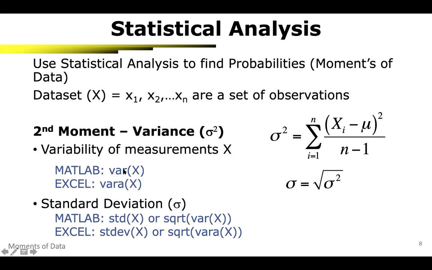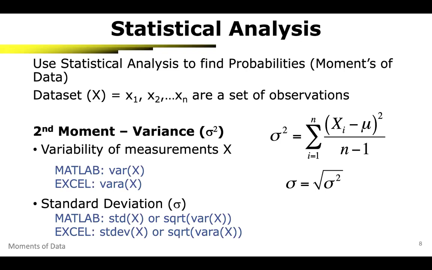You could also calculate variance using engineering tools like MATLAB and Excel, using var of X in MATLAB or VAR of X in Excel. Another really common parameter is called standard deviation. And so this Greek symbol sigma, variance is sigma squared, and standard deviation is just sigma, so the square root of your variance. Again, it's telling us similar information.